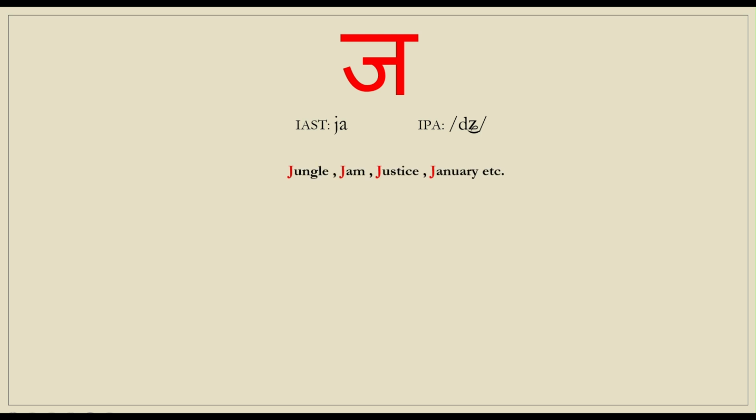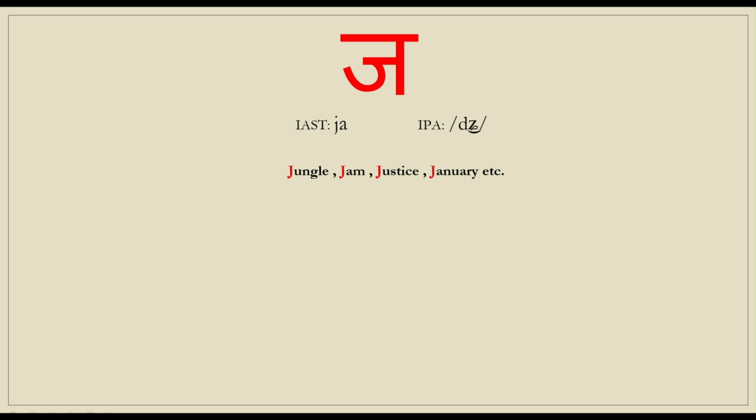Our next consonant is voiced but unaspirated, that is ja, represented in IAST by JA. And this sound is abundant in English, so words like jungle, jam, justice, January have this sound.